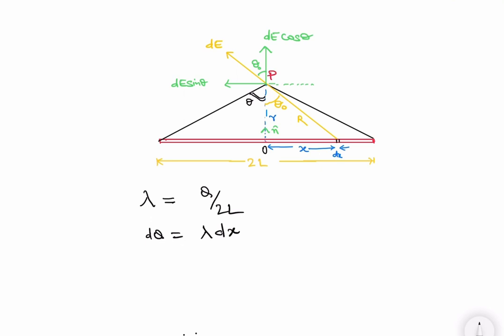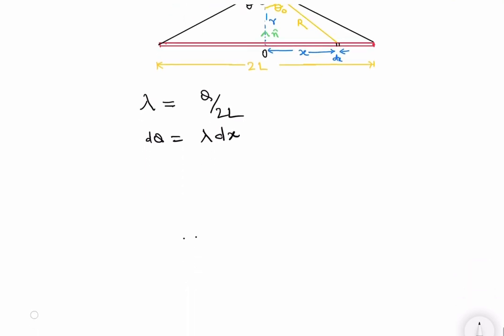Therefore, the electric field because of this charge element can be written as dE is equal to 1 by 4 pi epsilon naught, lambda dx by r square, and this will be along QP.